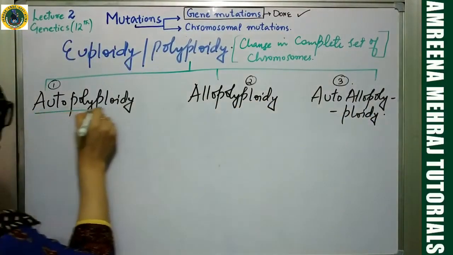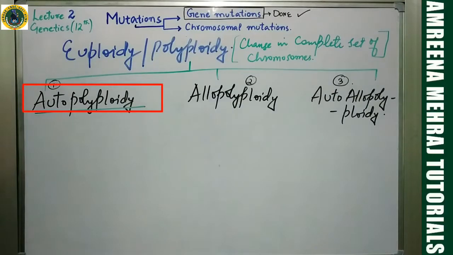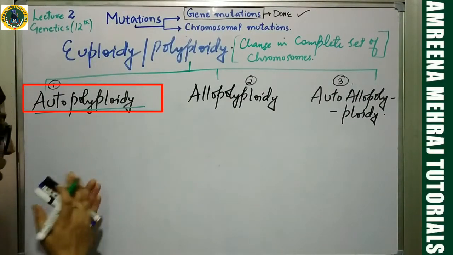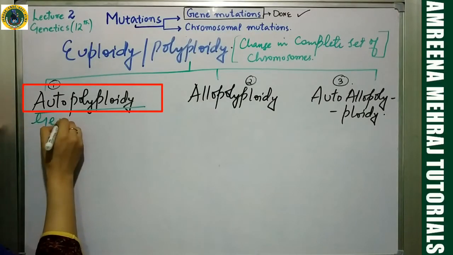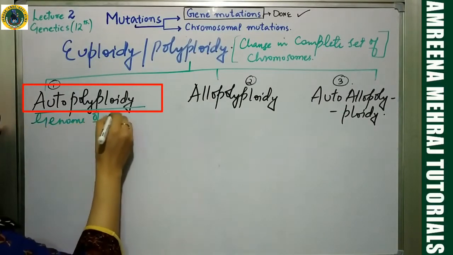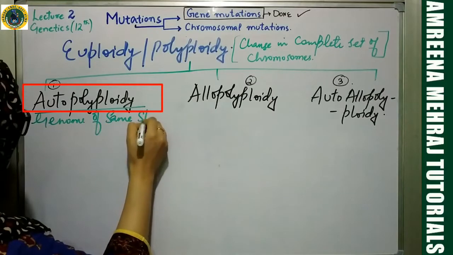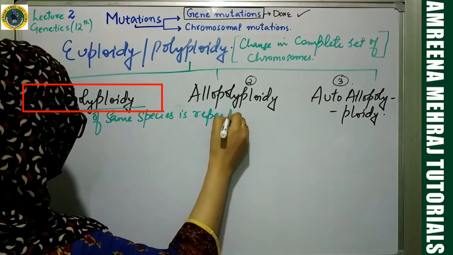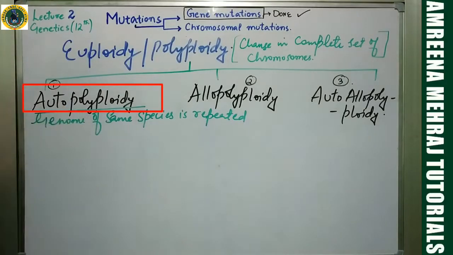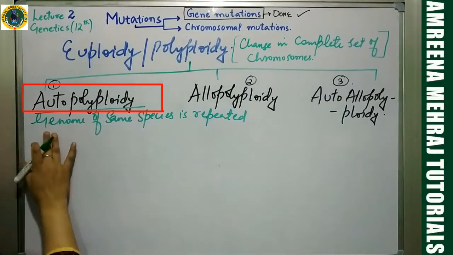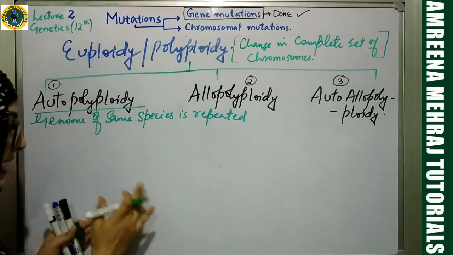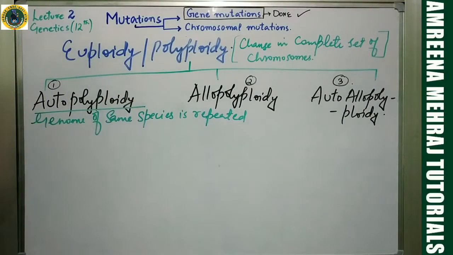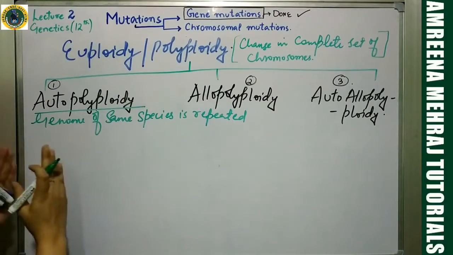So autopolyploidy is that case where the genome of only the same species is repeated. I'm talking about autopolyploidy. The genome of the same species is repeated means here you are not talking about 2 different species. Once you talk about autopolyploidy, you are talking about 1 species.